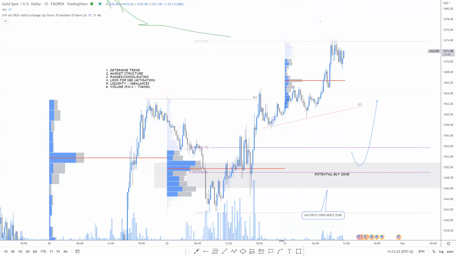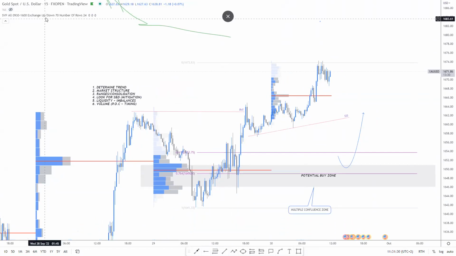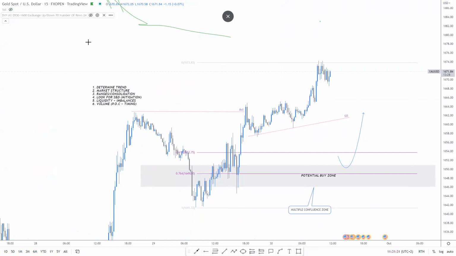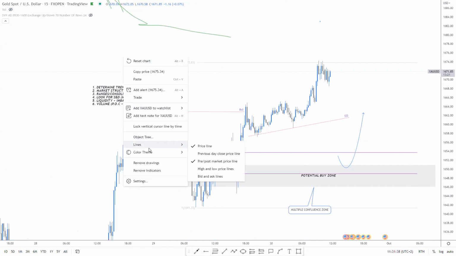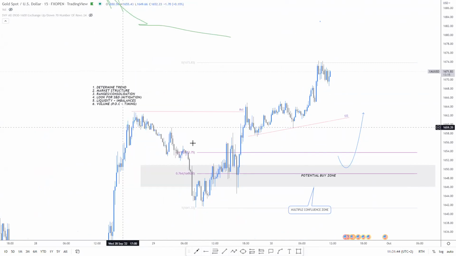And the other volume indicator, guys, let me hide this one now. This volume indicator, the session volume, the volume per session, you just have to go into your indicators. Yo, did they update TradingView or something?